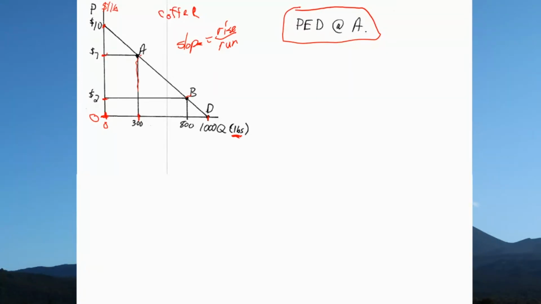The rise in this case is going to be 7 minus 2, that's 5. And the run is going to be 800 minus 300, that's 500. So you could use that as your rise over run, and take note again, the slope is negative. And that would be a way of calculating the slope of the line. Or you could choose this point here, the 10 and the 1,000, those endpoints, and you're going to end up with exactly the same slope. So as long as you've got two points, you can calculate the line.